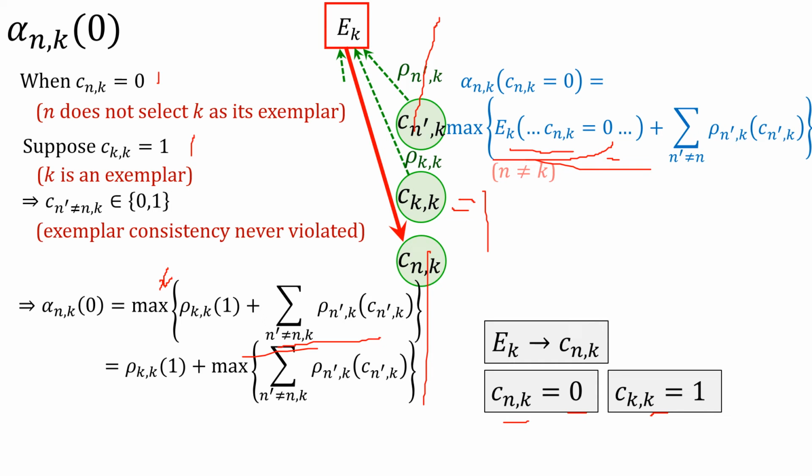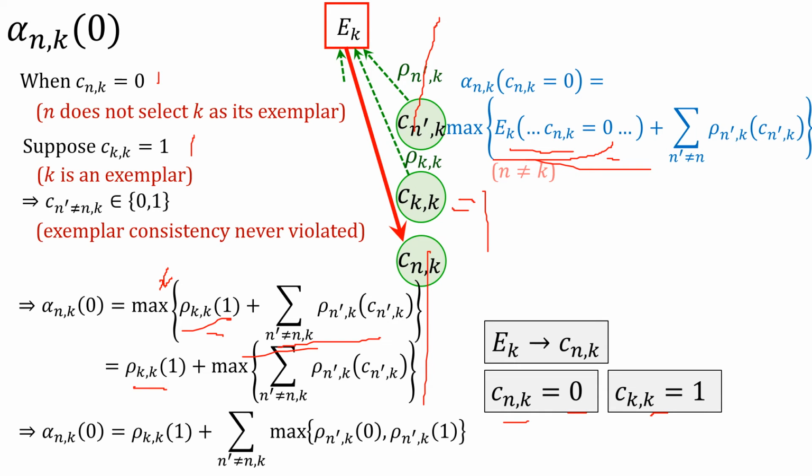And since ckk equals 1 is the specific situation that we are considering, this rho kk1 is fixed. We remove it outside the maximum. And so this is the expression that we land up with.